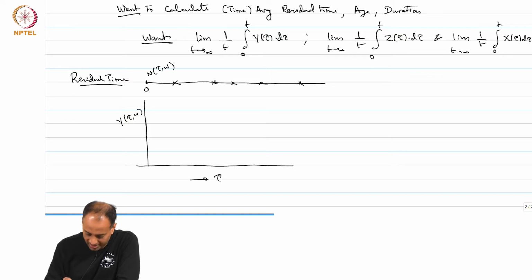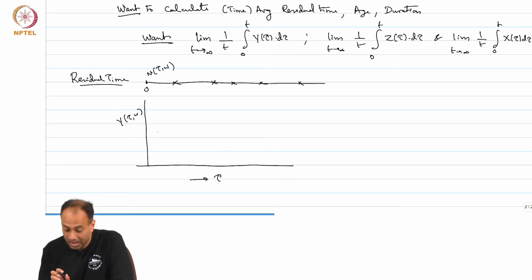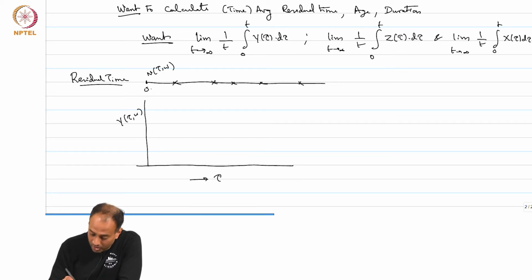What is the residual time at time t equal to 0? Yeah, it should be equal to this guy x1 of omega, correct.